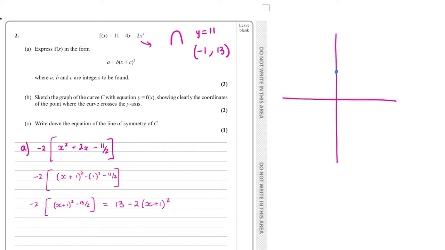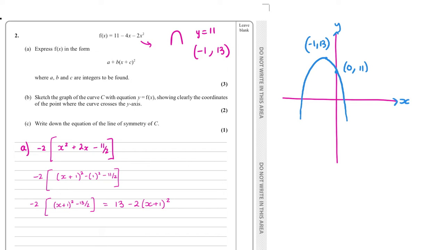We know that negative 1, 13 is going to be our maximum point. So it needs to be more over like this. Here we have it. So we know that we have negative 1, 13. Make sure we write down this as y. We know this is 0, 11, and this is x. And there we have a really beautiful sketch that's going to give you 2 marks.